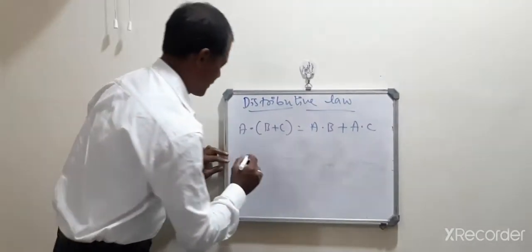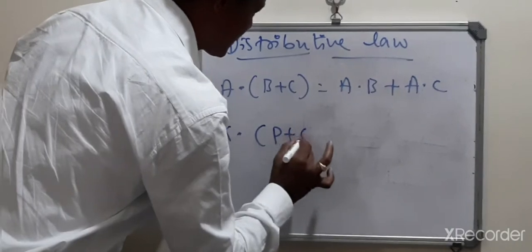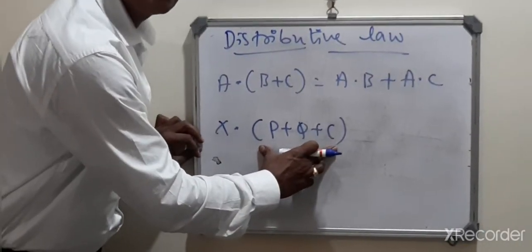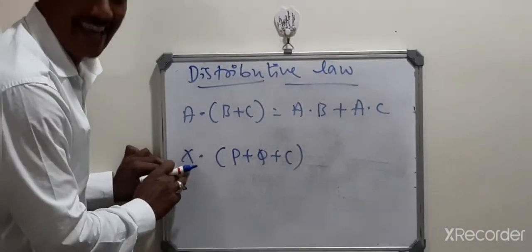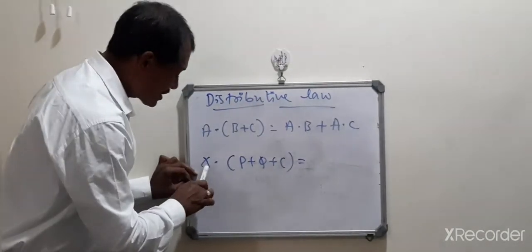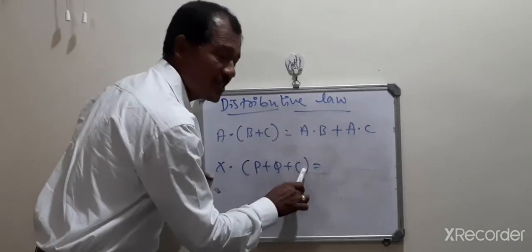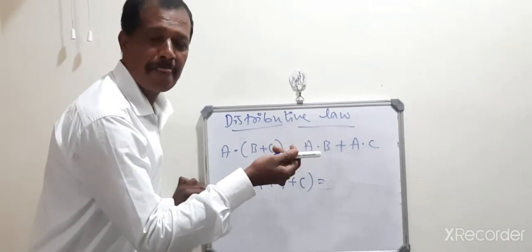So I am going to give one more example. Here X and (P plus Q plus C). How many variables are ORed here? Three variables are ORed. This group is ANDed with X. This is equal to this single variable ANDed with all the variables present in the ORed group, and finally they are ORed.